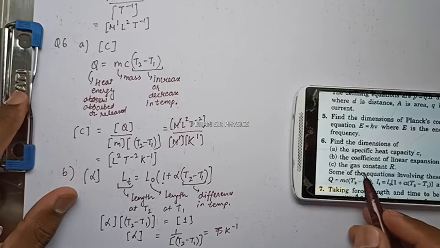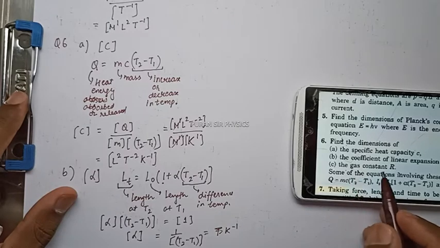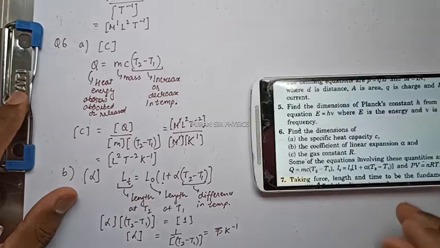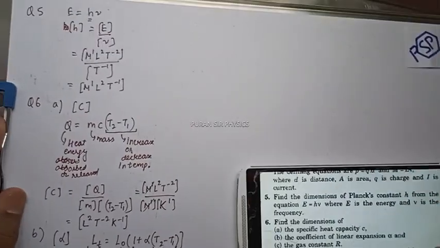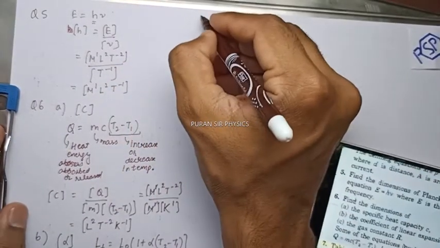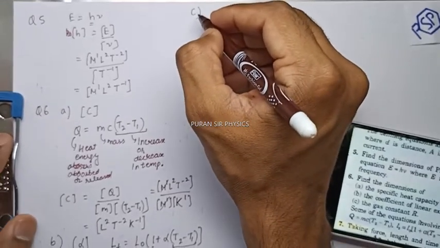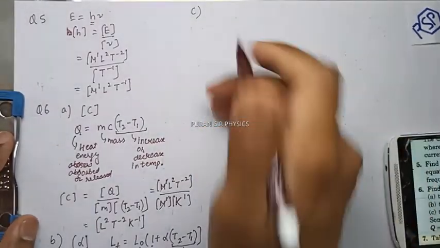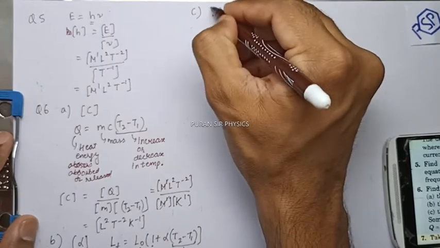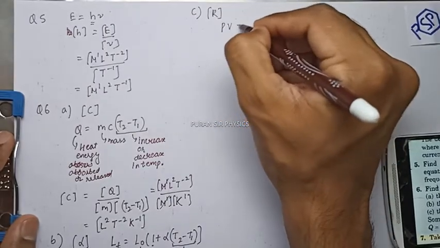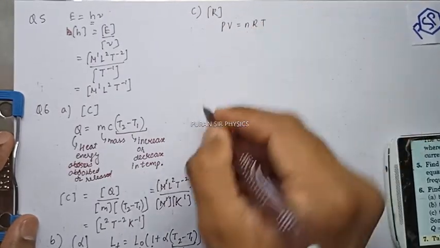So in the third part we have to find the gas constant dimension, and the formula is PV equals to nRT.